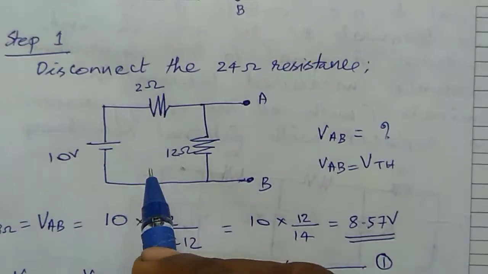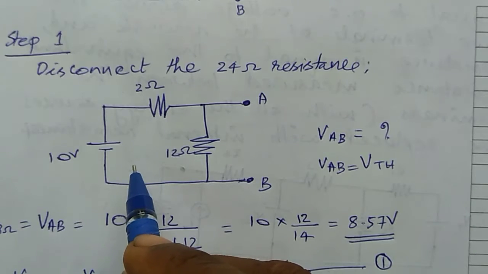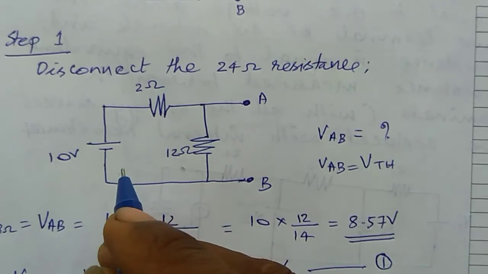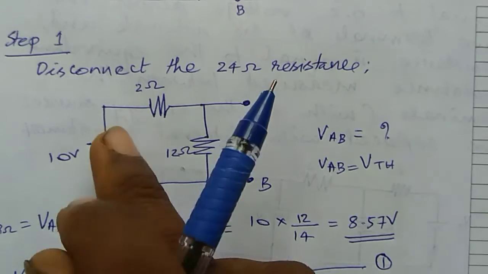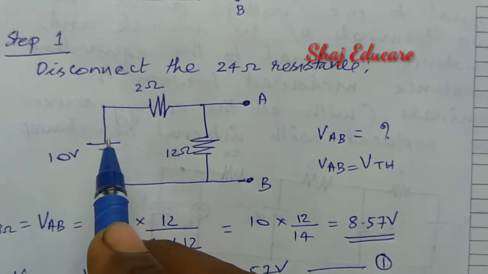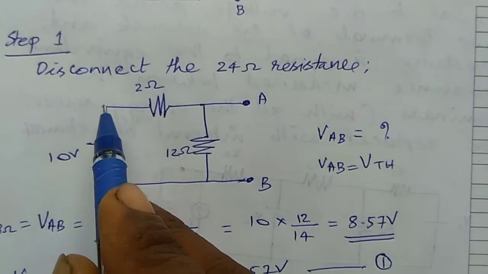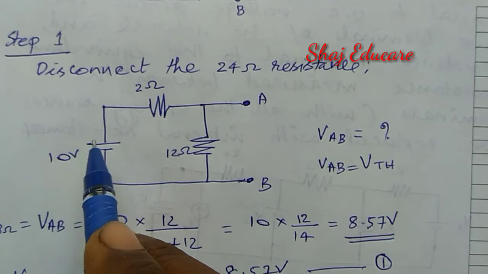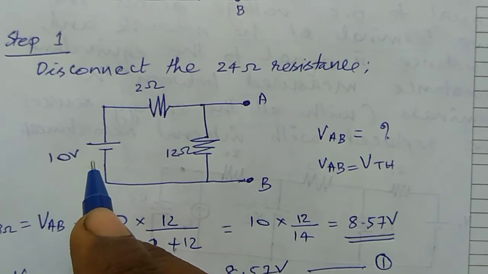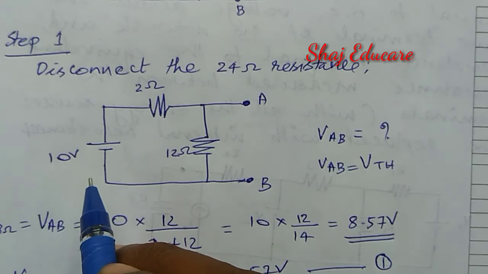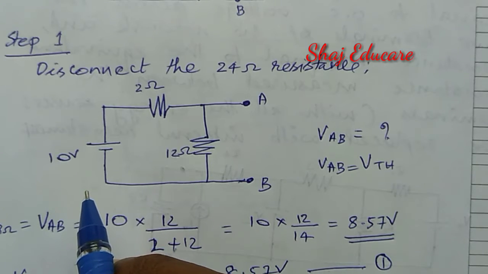Suppose we have a voltage source, then we have to nullify its effect. Nullify in the sense we have to eliminate it, but we can't remove it from there. If it is a voltage source, we have to short circuit it, then the voltage will become 0. Short circuit means 0 voltage.